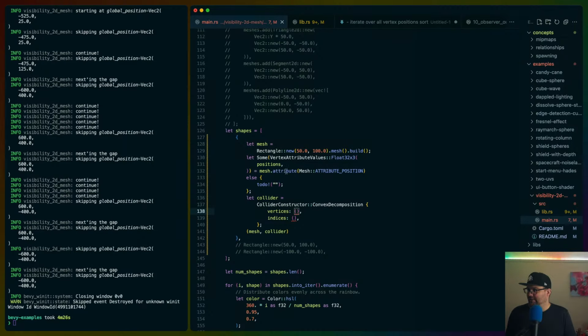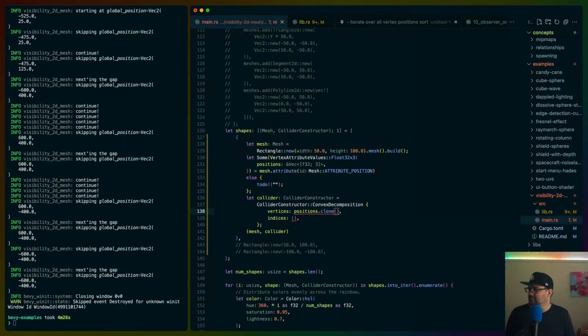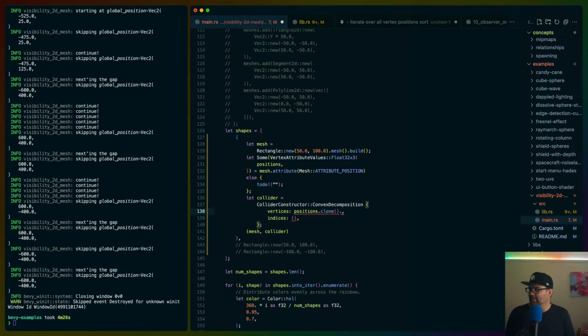Okay, so vertices. These are all of our vertices, the vec of those points. This actually has to be collapsed, right? Iter.flatten.